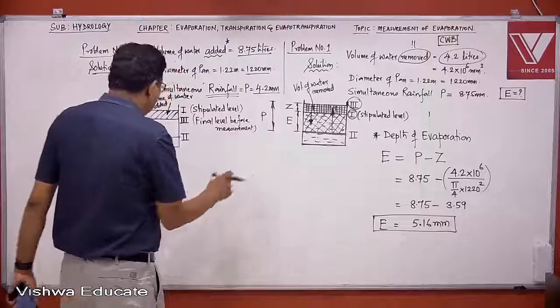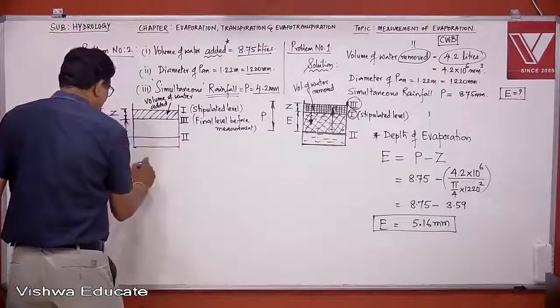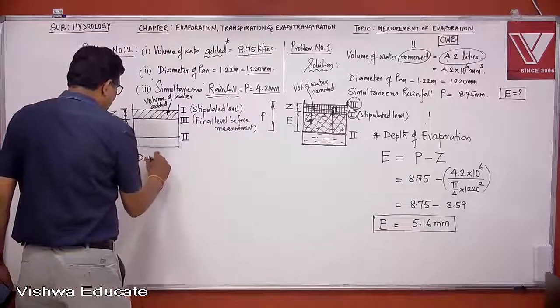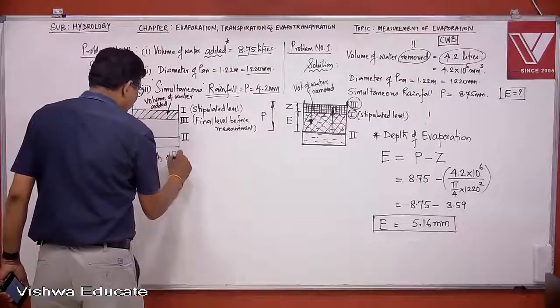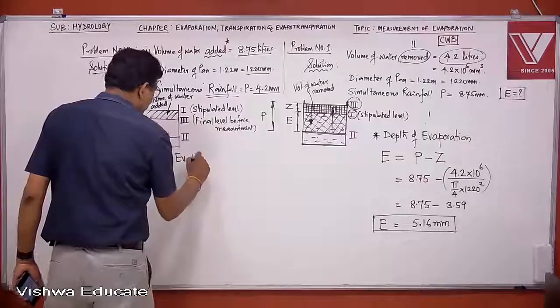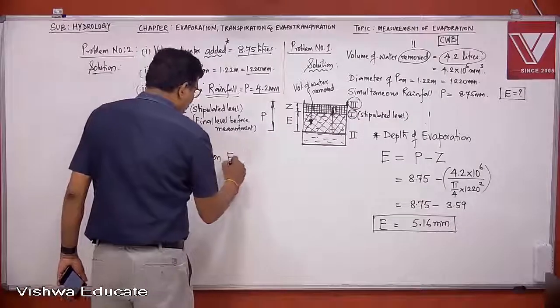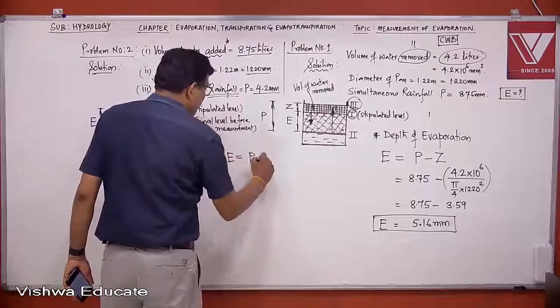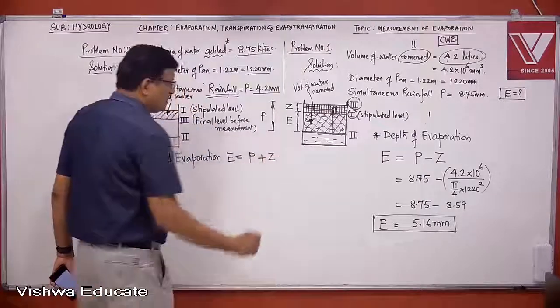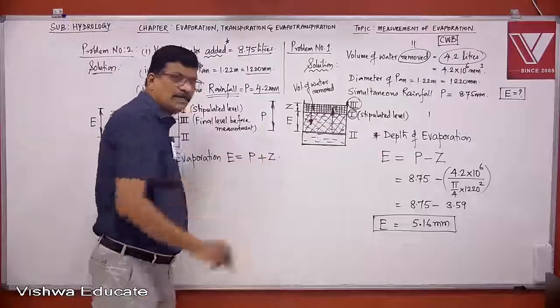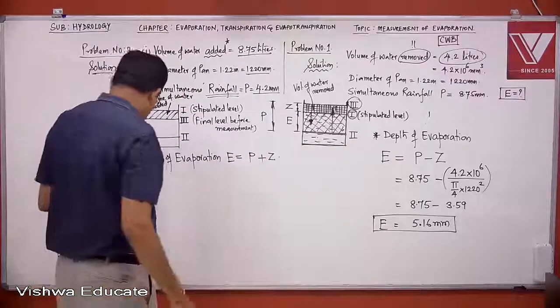So it's very similar. Therefore we can now write down that the depth of evaporation E is equal to P plus Z, whereas it was P minus Z for the previous data.